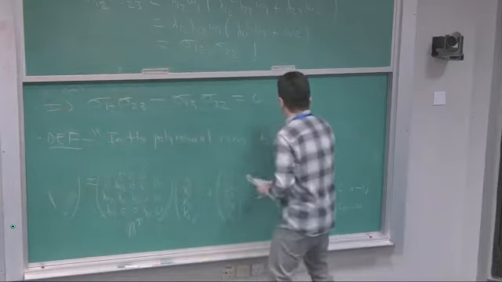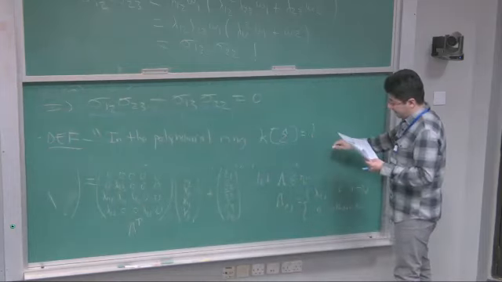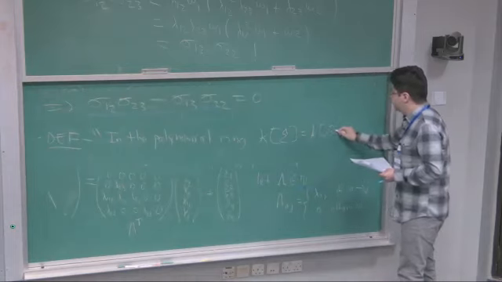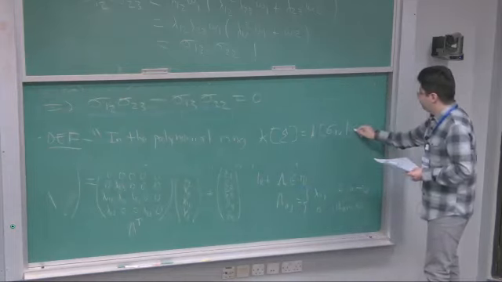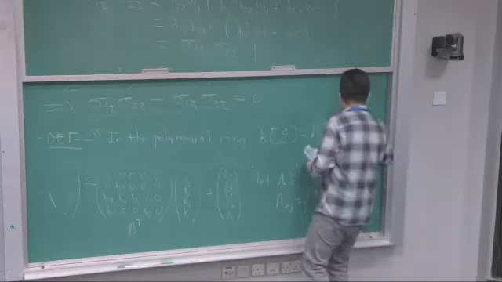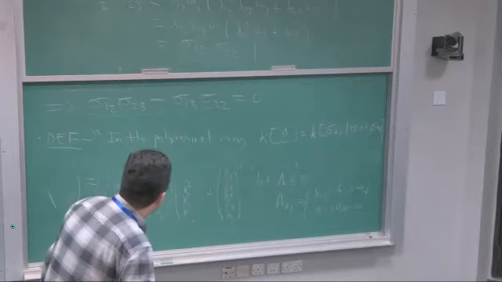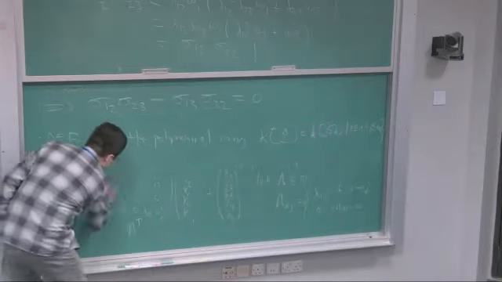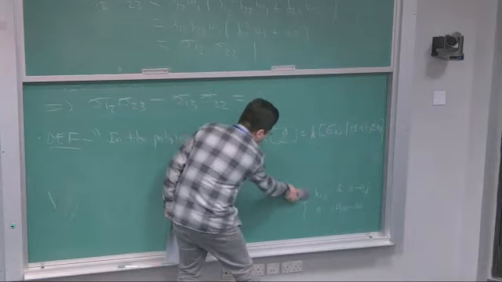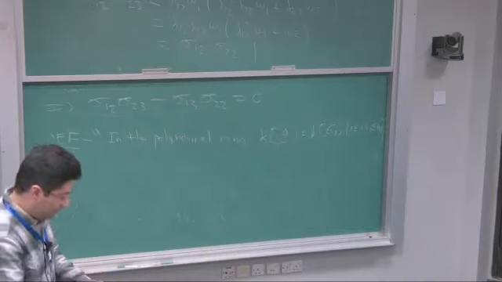So K[sigma], which is defined as K[sigma_ij], where 1 less than or equal to i less than or equal to j less than or equal to m. So the variables are going to be these sigma_ij's. In that polynomial ring, I'm going to define an ideal, and the ideal is going to be the vanishing ideal of M_G.